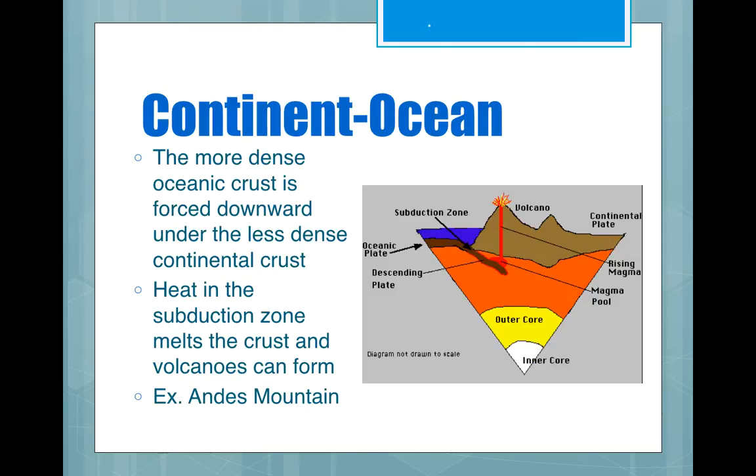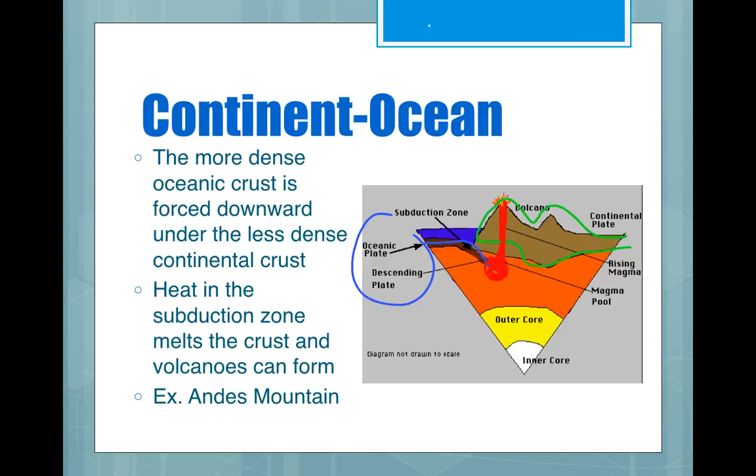So looking at the picture here, you have your more dense oceanic plate, shown here, subducting under the less dense continental plate. As the rock from the ocean crust subducts, it starts to melt and is forced upward through cracks in the Earth's crust, and you get that volcanic mountain range.